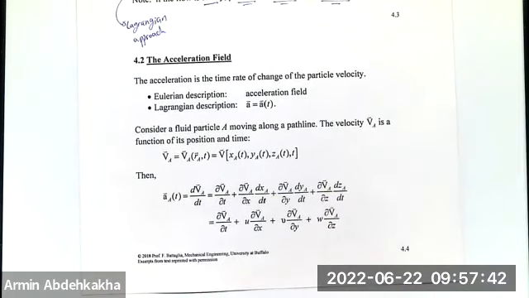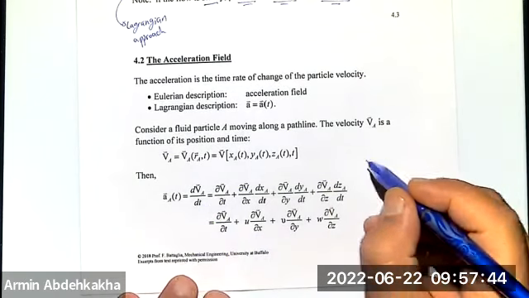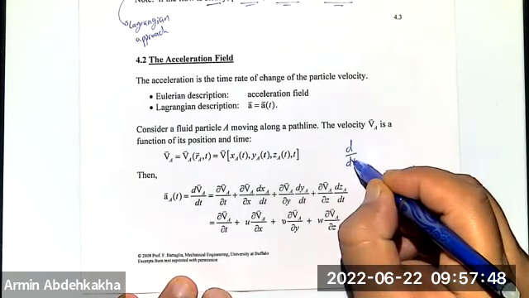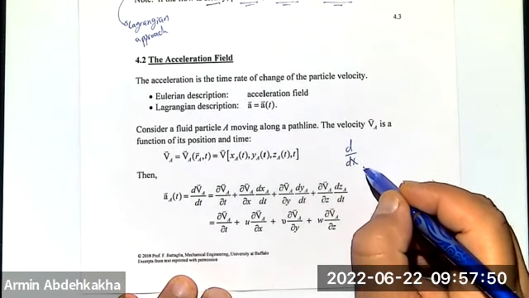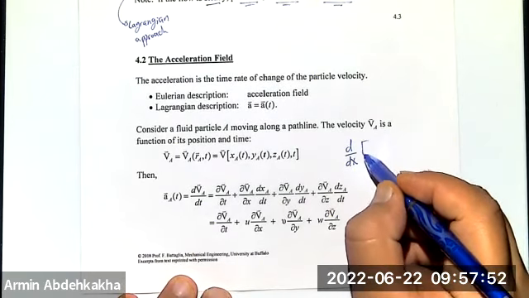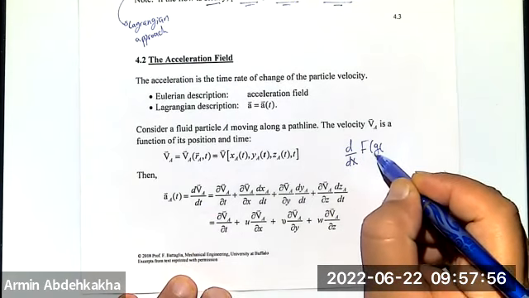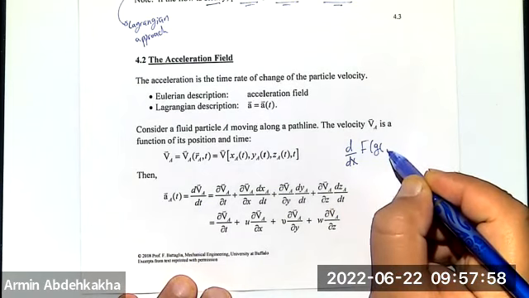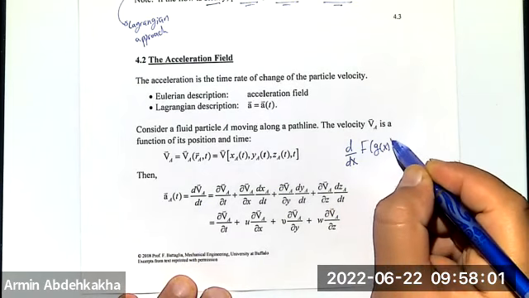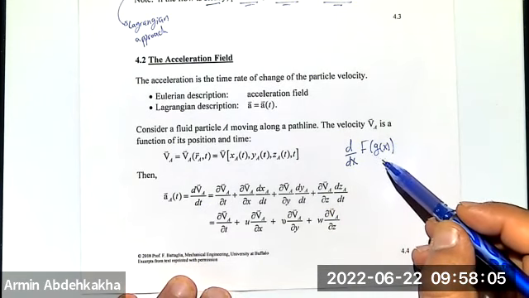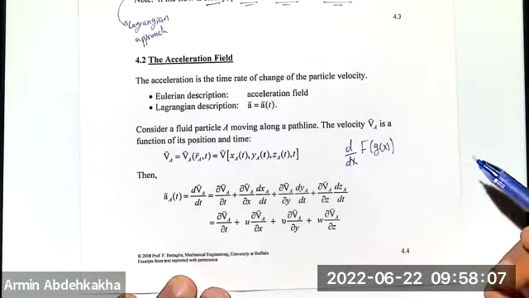So from mathematics, I will give you this hint: when you want to find the derivative d over dx of a function that is a function of another function of x, it means that you need the chain rule. Use the chain rule to find the derivative.